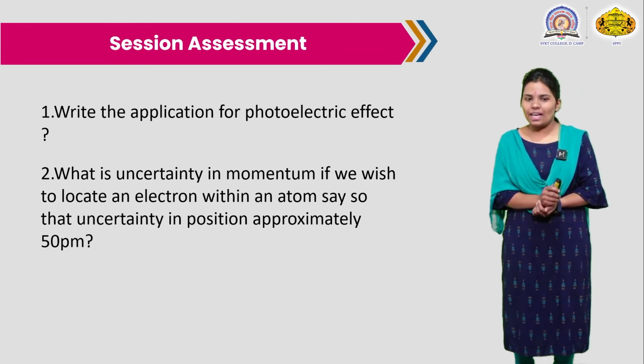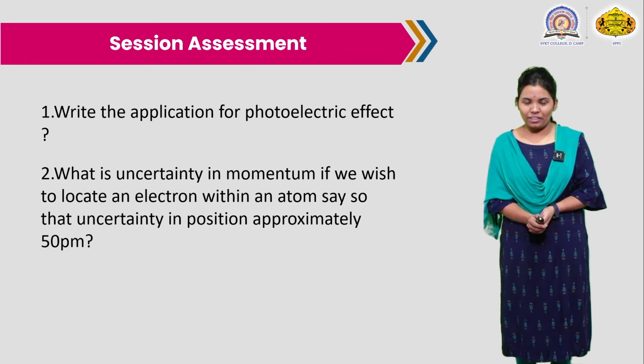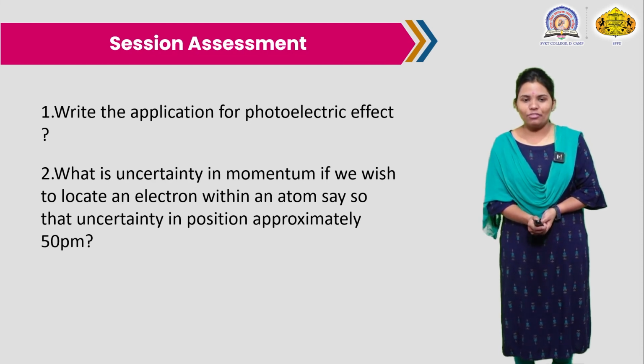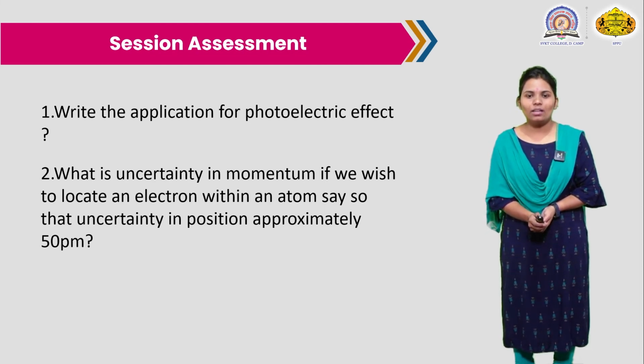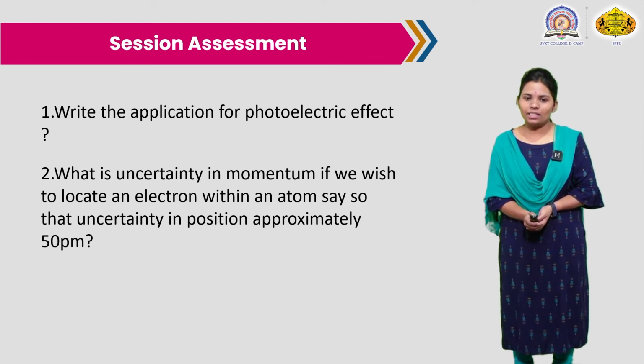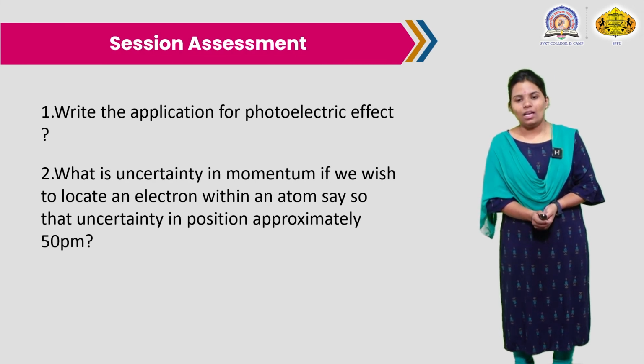So, here is the assessment for you. First, write the applications of the photoelectric effect that we use in day-to-day life. Second, what is the uncertainty in momentum if we wish to locate an electron within an atom, with uncertainty in position approximately 50 picometer?